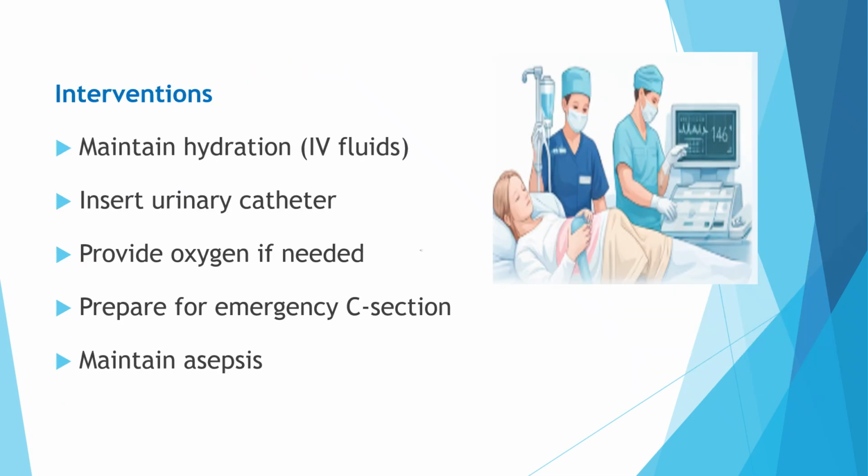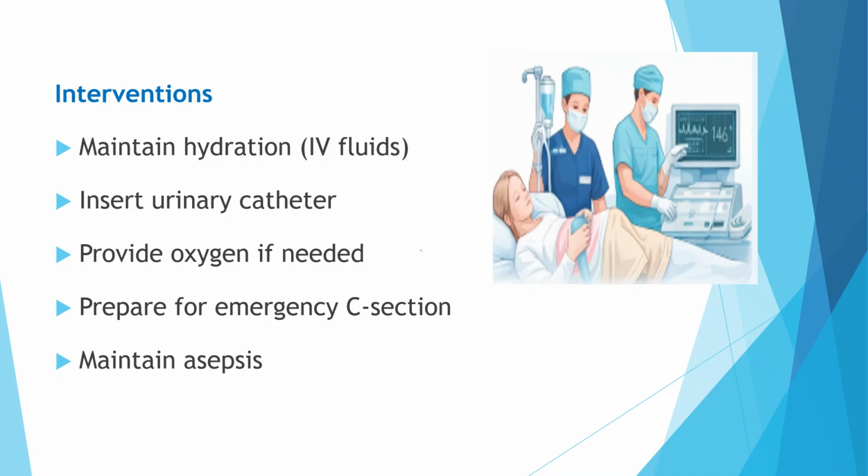All right, class. Now let's understand the nursing interventions. In obstructed labor, our main goal is to support the mother and prepare for safe delivery. First, we maintain hydration by giving IV fluids because the mother is usually exhausted and dehydrated. Then we insert a urinary catheter to keep the bladder empty, which also helps reduce obstruction.